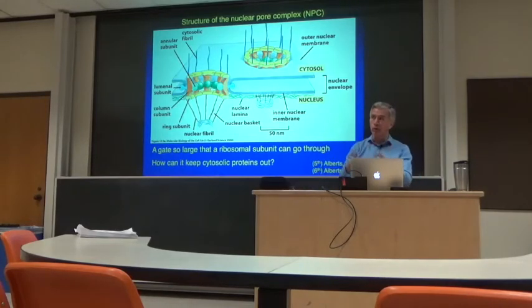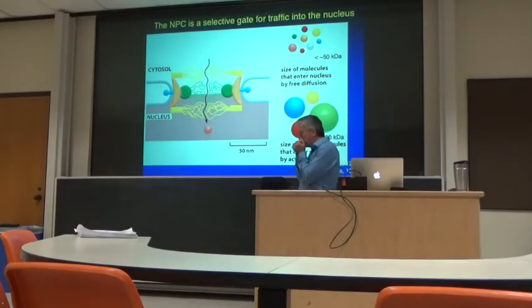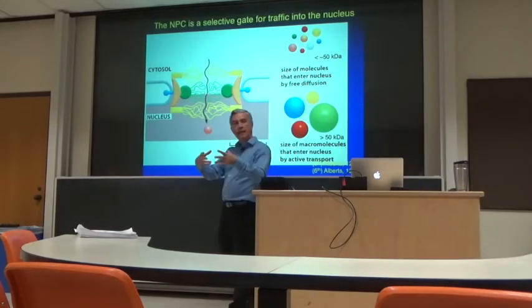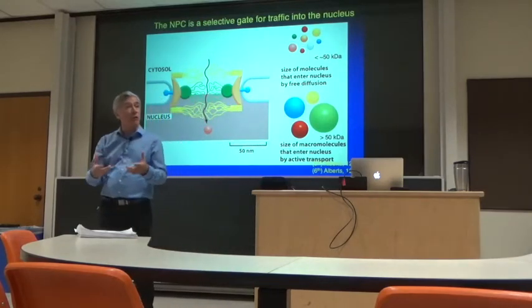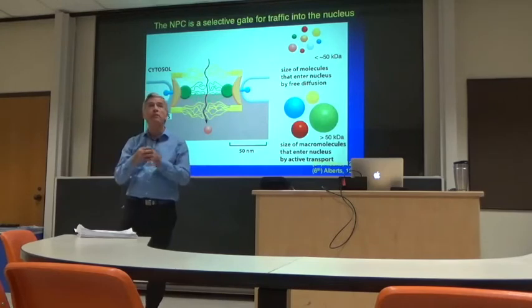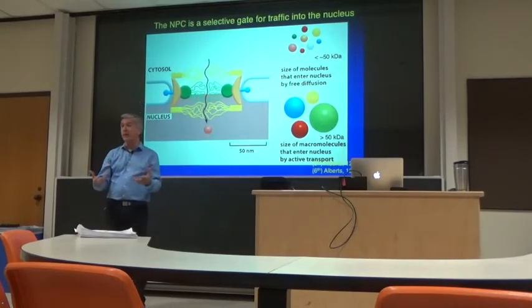And then we're going to continue making it more detailed at next class after the exam. So, what many classic experiments established a long time ago is that the gate of the nuclear pore complex allows for the complete free diffusion of small molecules like ions.